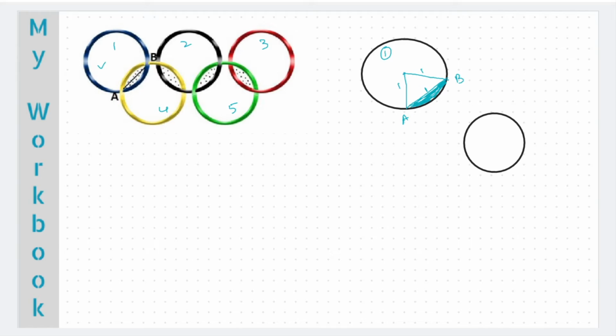Similarly, let this be the circle number 4. The same chord AB forms a minor segment. I'm shading it in green region.